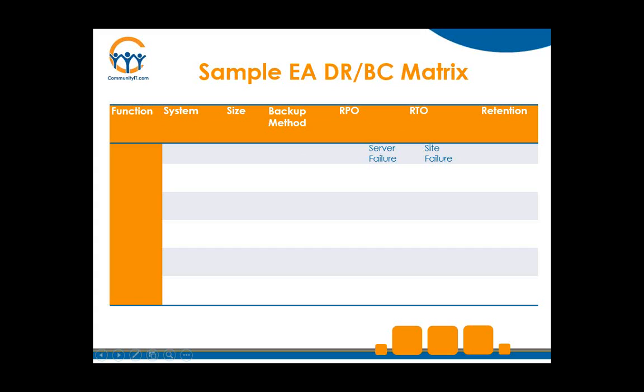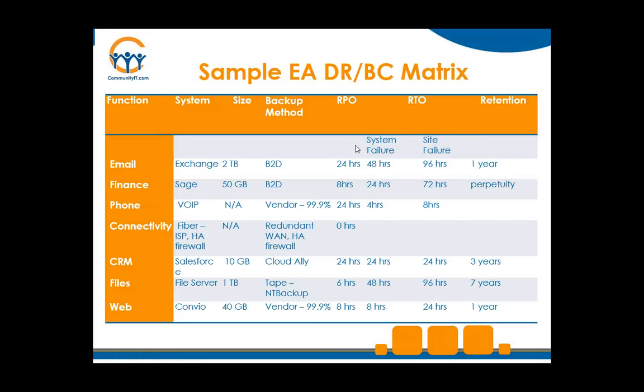So if we have a power outage for a day or two, or a sprinkler goes off in the building and floods our server room, what's the recovery time? And then how long do we need to retain that information? I've just filled it out, and I think this can help illuminate the process and some of the different components.